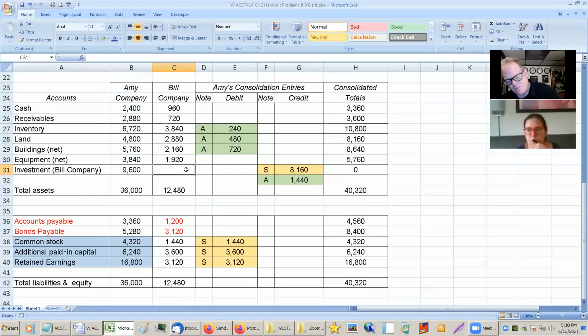So anyway, the common way is that they use the equity method, and it should come out pretty nicely using that method. Okay.